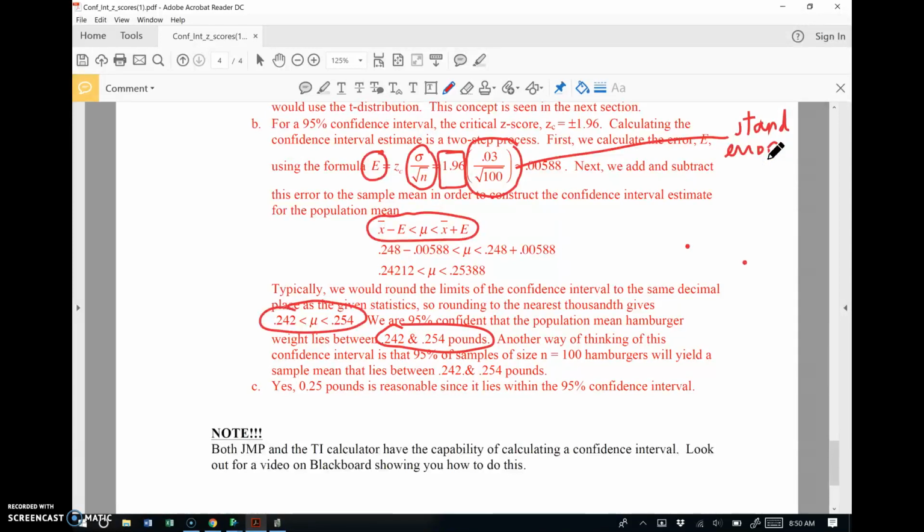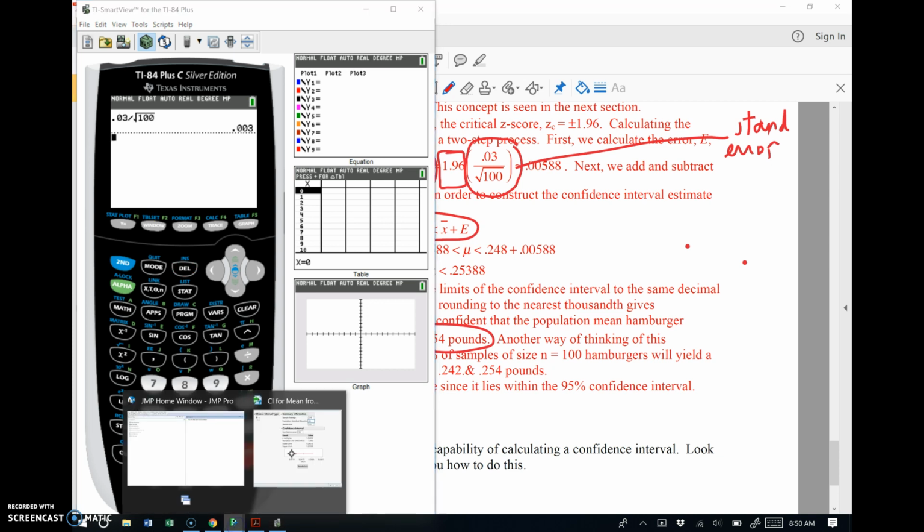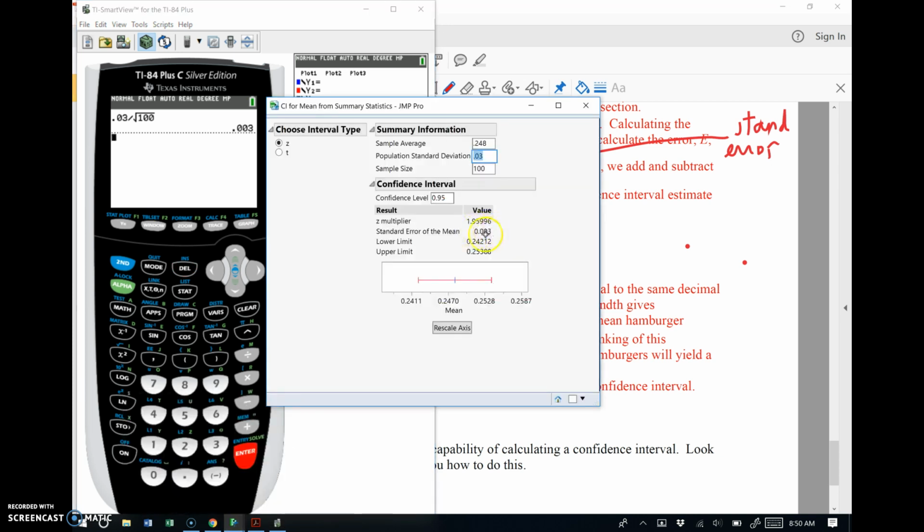So that's 0.03 divided by radical 100, in other words, sigma divided by radical n. Remember, that's called the standard error of the mean. 0.03 divided by the square root of 100 is 0.003. So you can see JUMP crunches that for you.